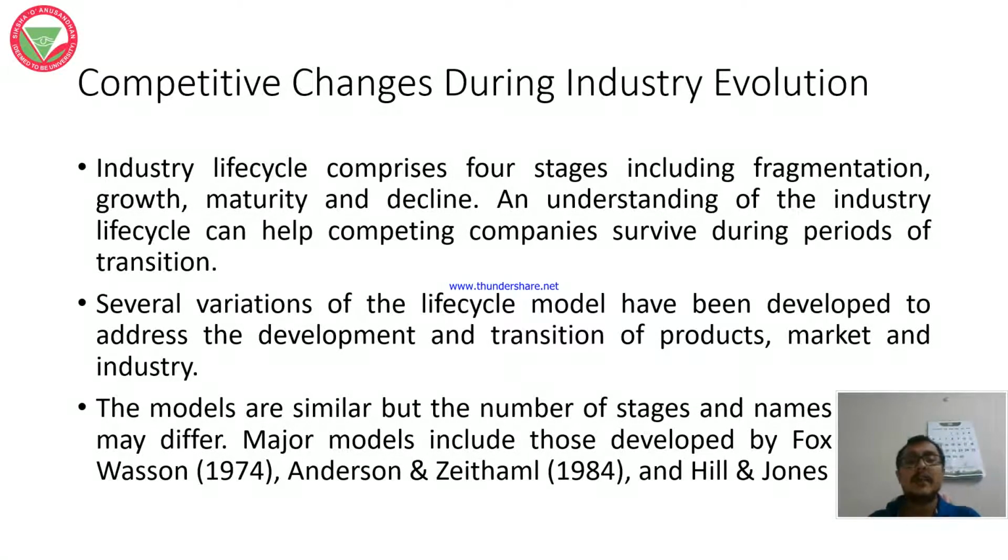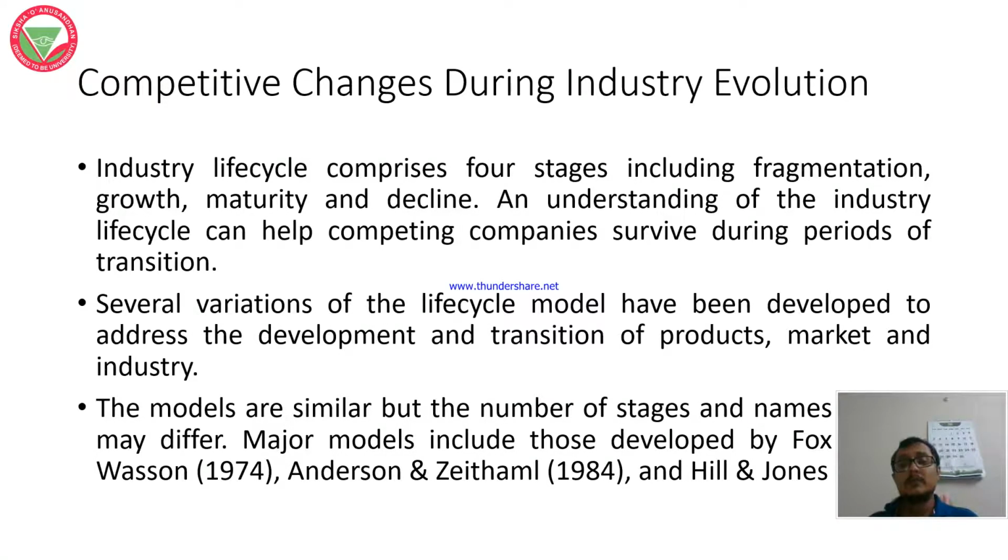Several variations of the life cycle model have been developed to address the development and transition of products, market and industry. In order to understand the products, the market, and the industry, over the years several models have been made. The models are similar, but the number of stages and names of each may differ.